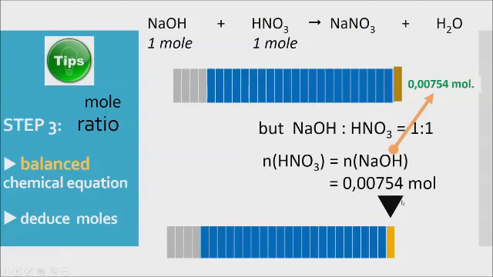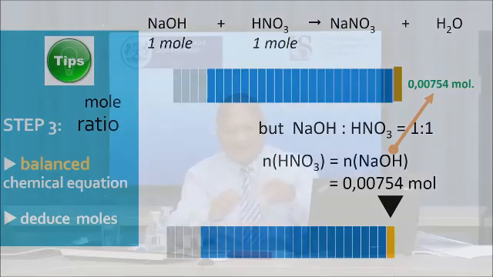Now that I know a tiny bit is 0.0754, how am I going to find out the number of moles in here in totality? How am I going to do it?